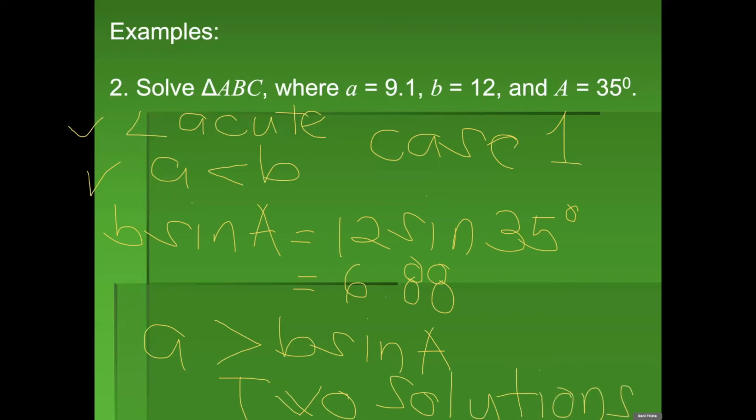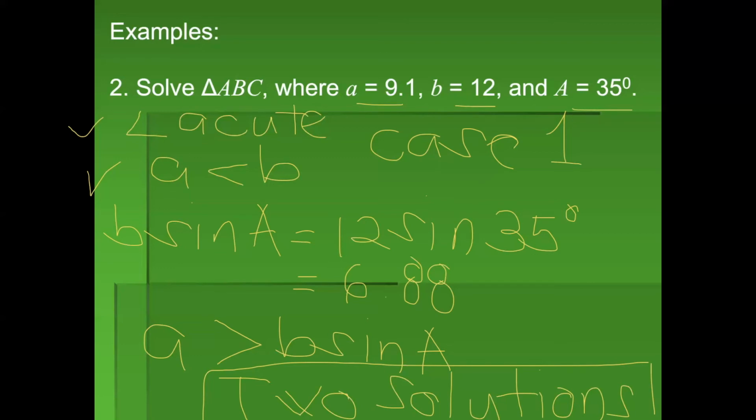It means that we can form two triangles because we have two solutions. Since we have two solutions, we need to show the dimensions of those two triangles. But the original given, which is 9.1, 12, and 35 degrees, will still remain.